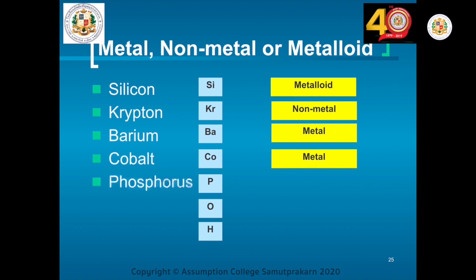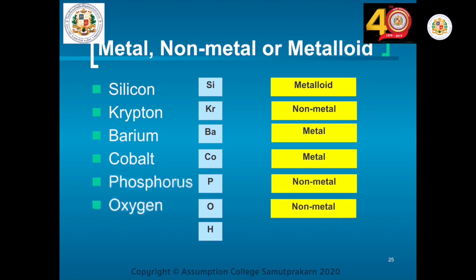And phosphorus is? Very good. A non-metal. Now we have O. O is? Very good. It's oxygen. And it is? A non-metal as well. Finally, we have H. H is? Very good. It is hydrogen, and hydrogen is non-metal.